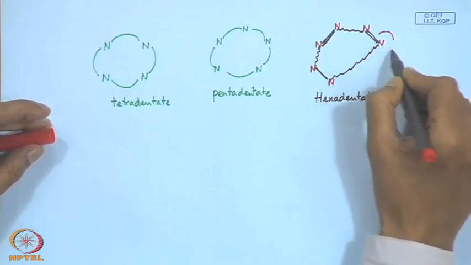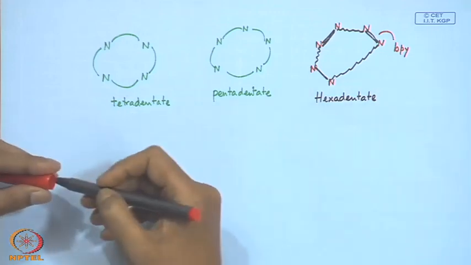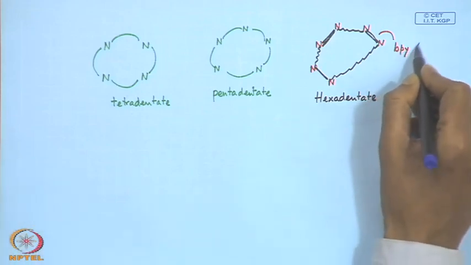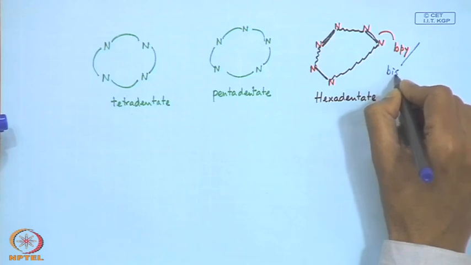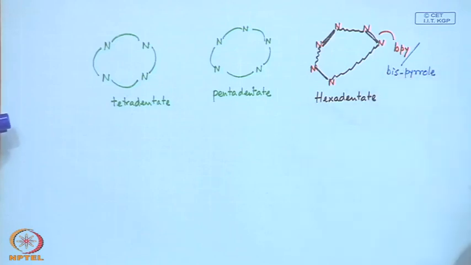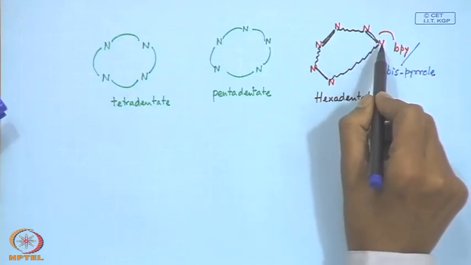It can be a BPY type of rigid molecule fixed over there, or it can be a bispyrrole type of unit, such that we have two adjacent nitrogens.